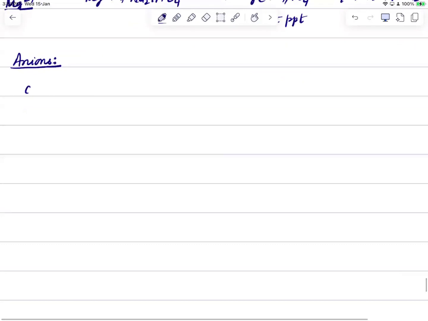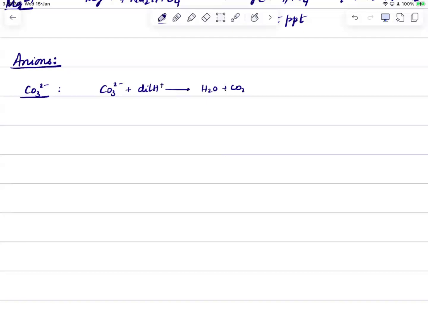See, first is carbonate, CO3 2-. Carbonate can be easily identified even with dilute solutions. If you add dilute HCl, you'll get carbon dioxide gas easily. If there is any form of carbonate, CO3 2-, add it with dilute H+, so it will convert into H2O and CO2, right?